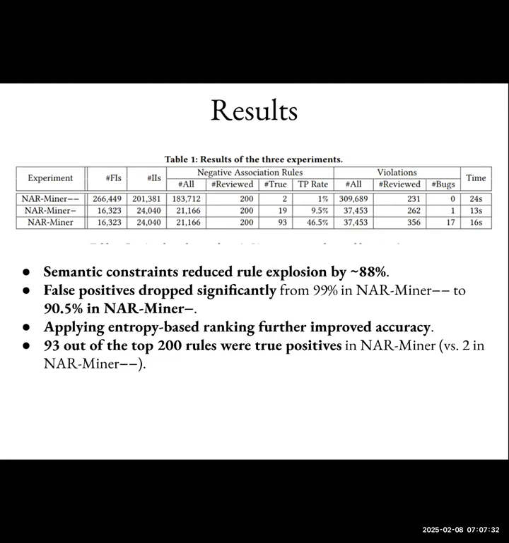From 99% false positive rate in the baseline, it dropped to 90.5% in the NAR-miner minus version, which has only one of the two novelties, and applying entropy-based ranking further improved the accuracy. 93 out of the top 200 rules were true positives in NAR-miner versus just 2 in NAR-miner minus minus, which is the baseline.